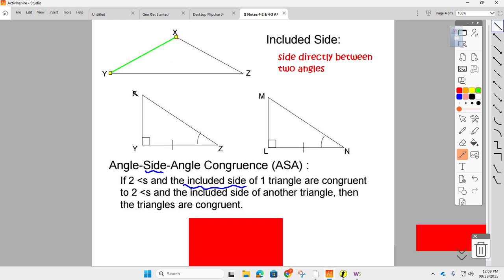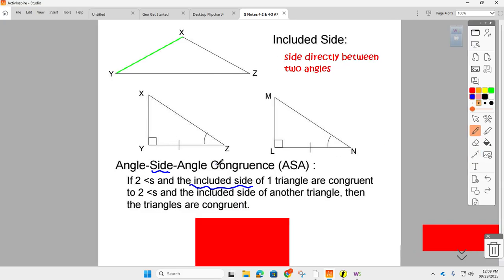Okay. So here, I see an angle that's marked congruent. So we have one angle. We have a side that's marked congruent. And we have two right angles. Are angle Y and angle L congruent? How do you know they're congruent, Ashley? Yes, two right angles.